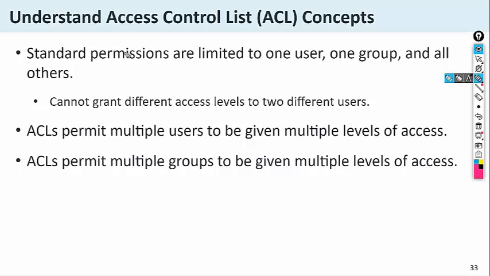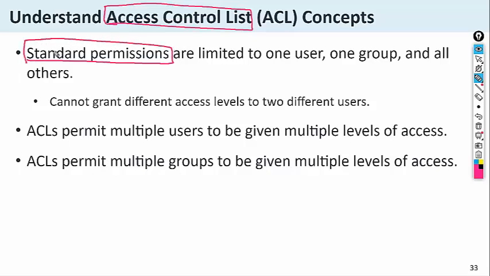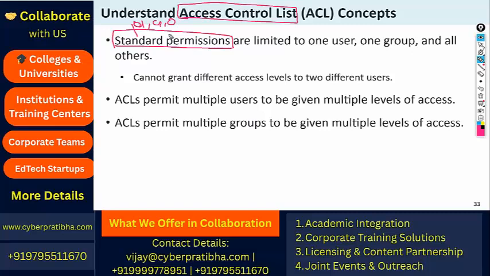First, you will understand about the access control list. What is the access control list? For example, standard permission can be enabled on the owner, on the user, or the group. We can implement the standard permission to the user, to the group, to the owner.